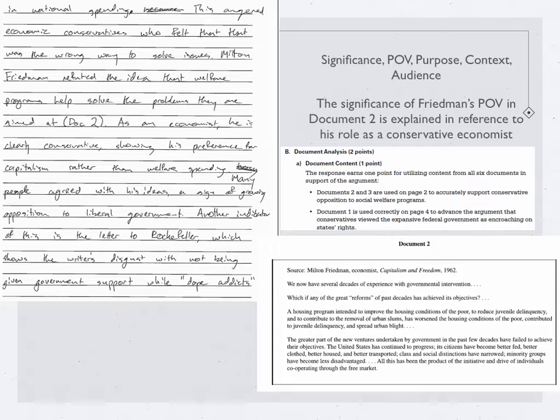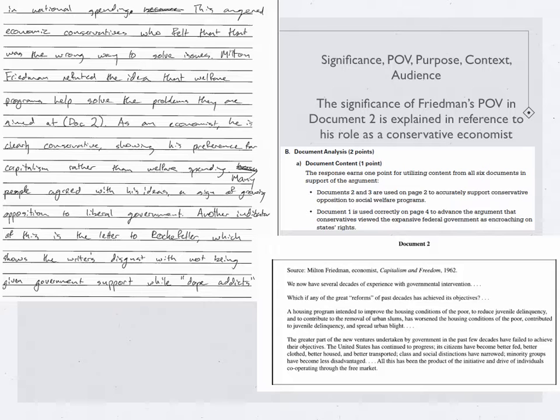And also we'll go on and talk about document 1 in a minute on page 4. So you can see document 2 below there, the document by Milton Friedman, in which he criticizes government intervention and says that reforms and government intervention have basically had a negative influence.